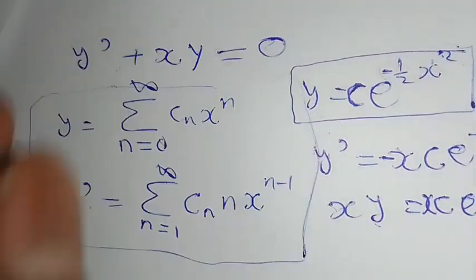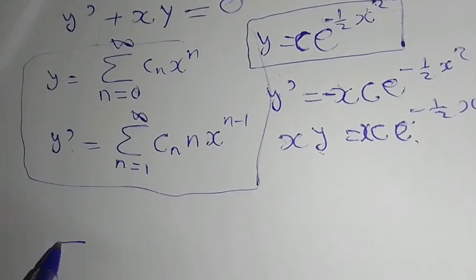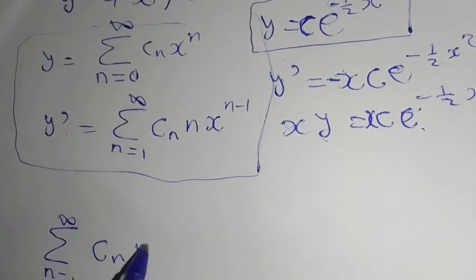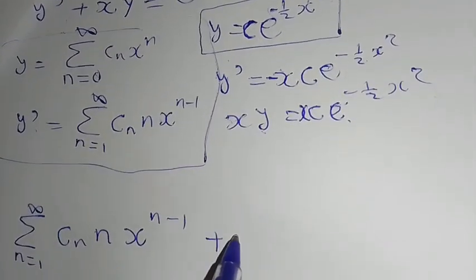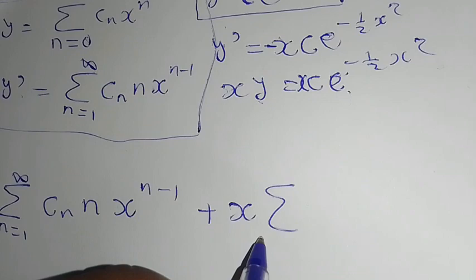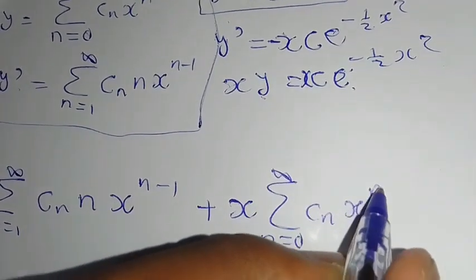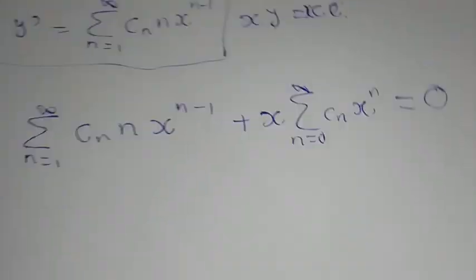Okay, then just copy that to your differential equation right there. Then we basically have the summation starting from 1 to infinity of cn multiplied by n multiplied by x to the power of n minus 1, plus x multiplied by y, and y is just the summation starting from 0 to infinity of cn multiplied by x to the power of n, and this is equal to 0.